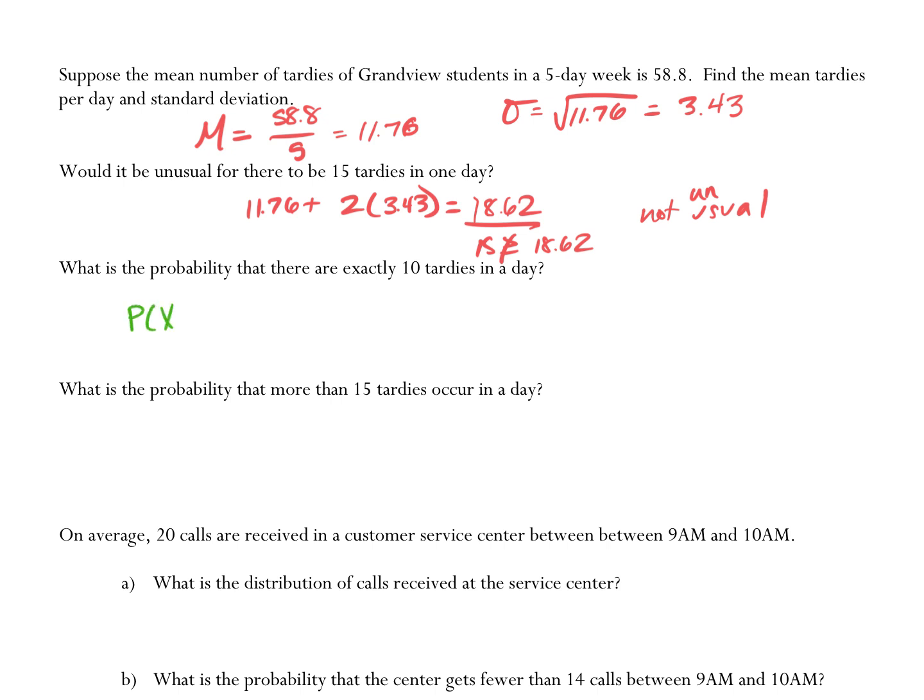Find the probability there are exactly 10 tardies in a day. Okay, so you guys, yesterday when we had to find the probability that x was equal to 10, we chose binom PDF. Yes, PDF gave us exactly. Okay, should we choose binom PDF here? No, because this is not binomial. Is everybody with me? But go back to where you found that binom PDF.